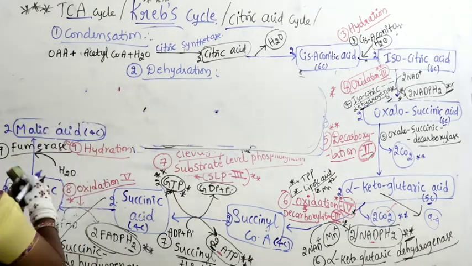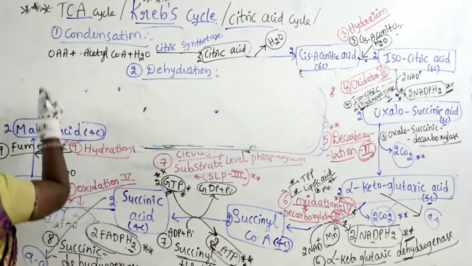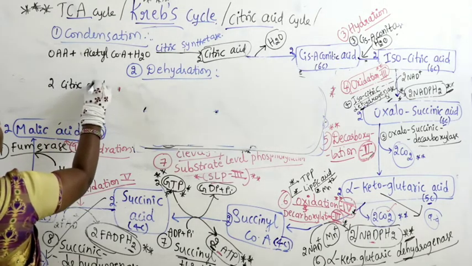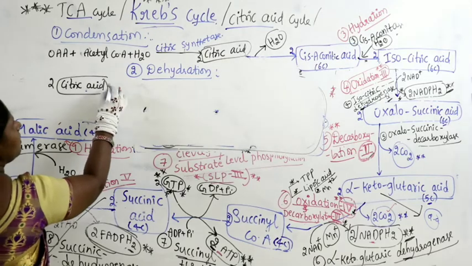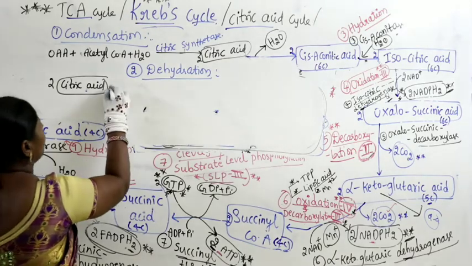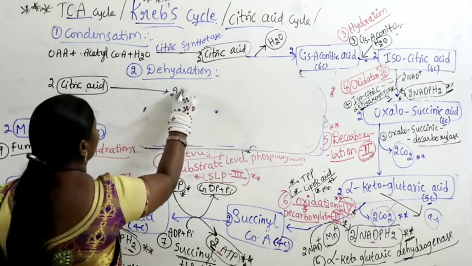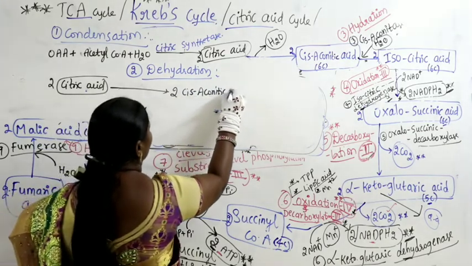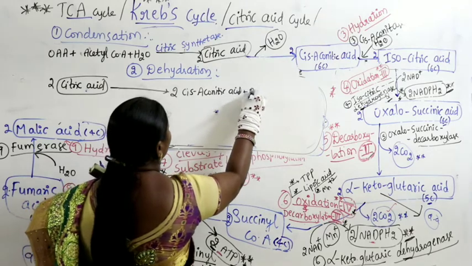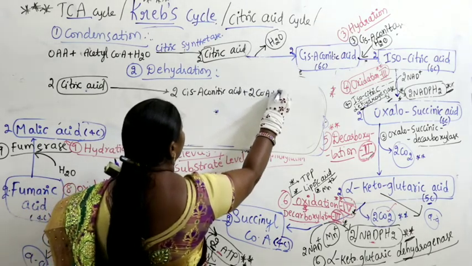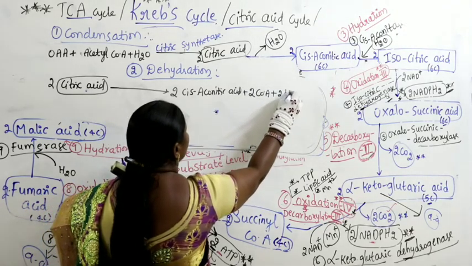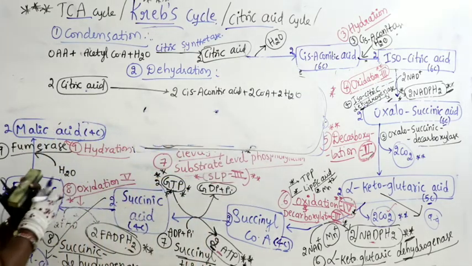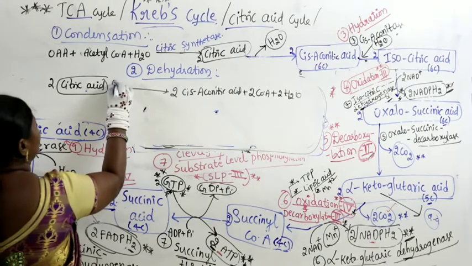In dehydration, 2 molecules of citric acid produce 2 molecules of cis aconitic acid, plus 2 CoA comes out, plus water molecule also comes out. What is the name of the enzyme? Cis aconitase.